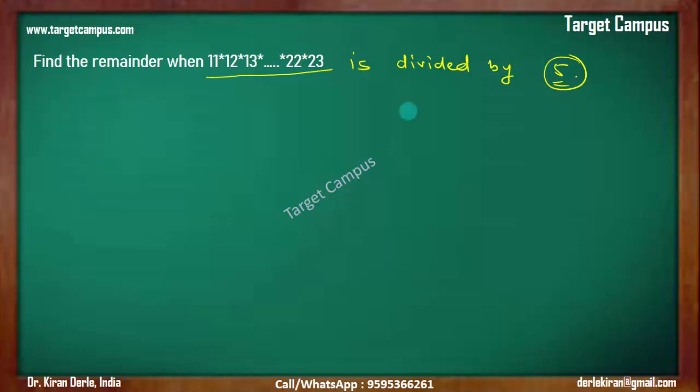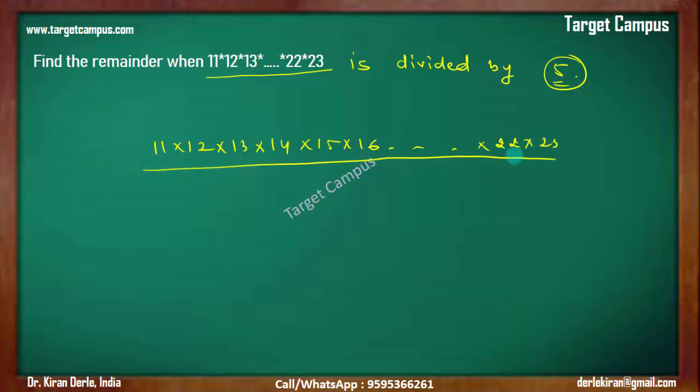What will be the remainder? 11 into 12 into 13 into 14 into 15 into 16, like this, till 22 into 23. If you start multiplying these numbers, your grandchildren will help you out by the time you come here.